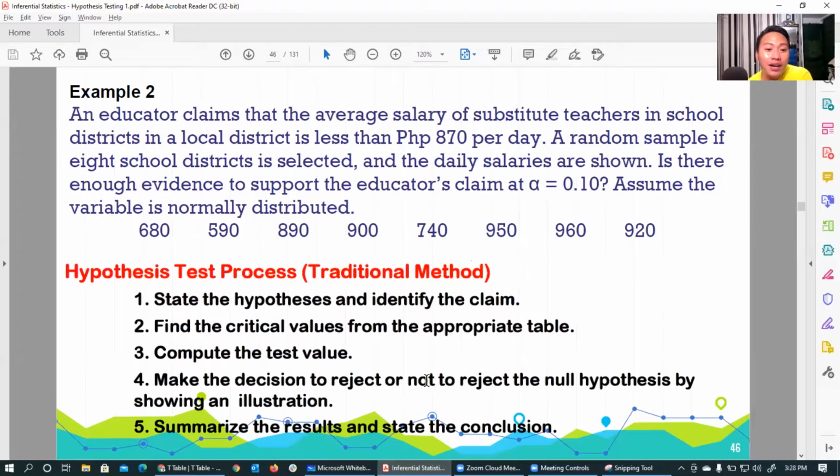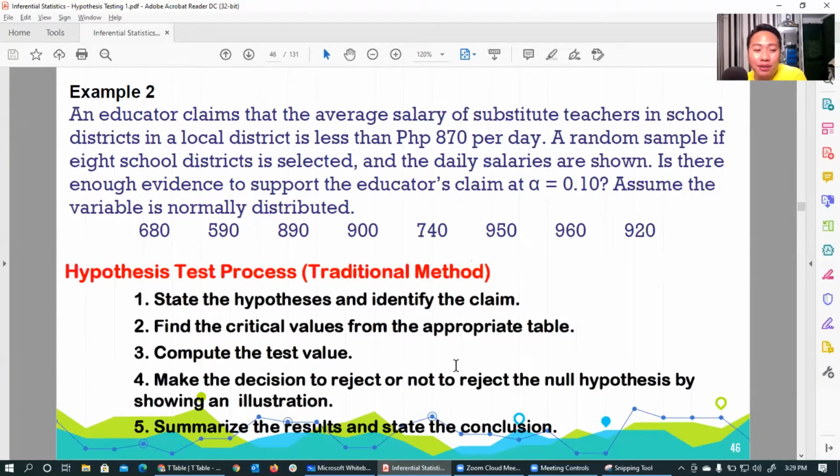Here, an educator claims that the average salary of substitute teachers in a local school district is less than 870 per day.